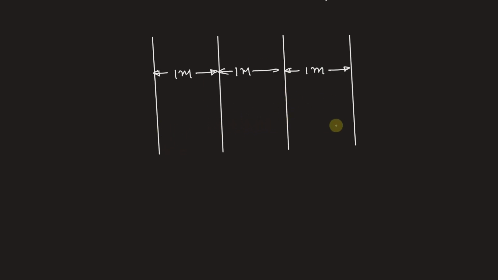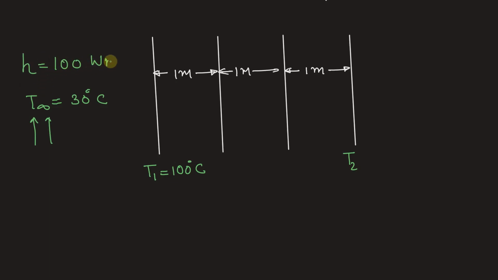So there are 3 slabs, each of 1 meter length, and for the leftmost slab the temperature T1 is given as 100 degrees Celsius, T2 is unknown, and the free stream temperature is also given. So T infinity is equal to 30 degrees Celsius. And the coefficient of heat transfer is also given in the problem, and that is 100 watt per meter square per Kelvin.